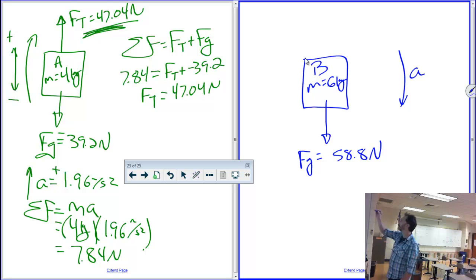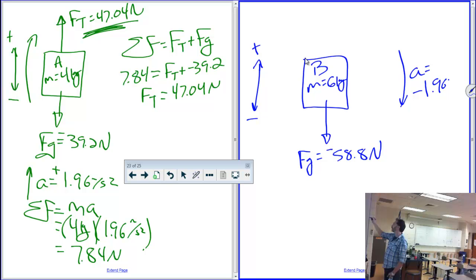This one's going to accelerate this way, right? So again, let's make up positive and down negative for this object. That means this force of gravity is negative. My acceleration is negative 1.96 meters a second squared, because it's going to accelerate downwards because it's winning. But tension is going to slow how quickly it falls.